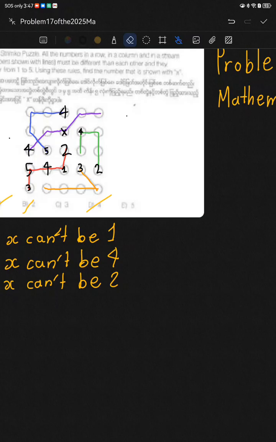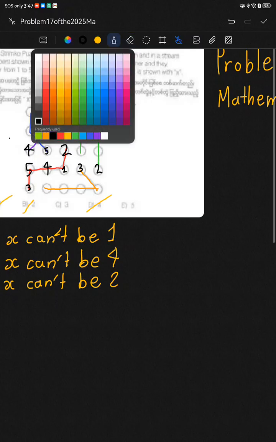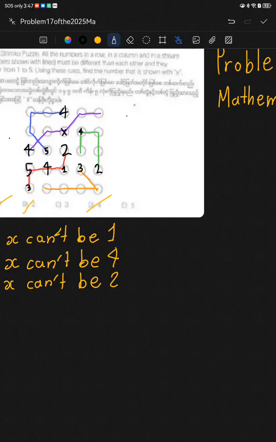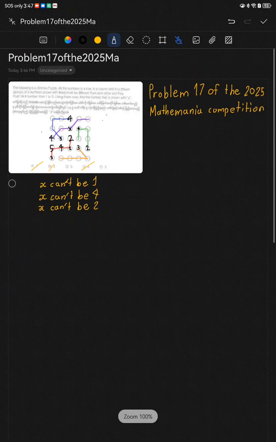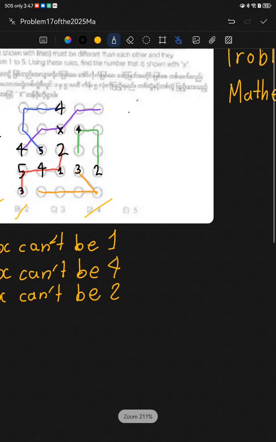Okay, now this is finally it. You see this green string, right? These spots cannot be 5 because of this 5. These two spots are in the same row as 5.